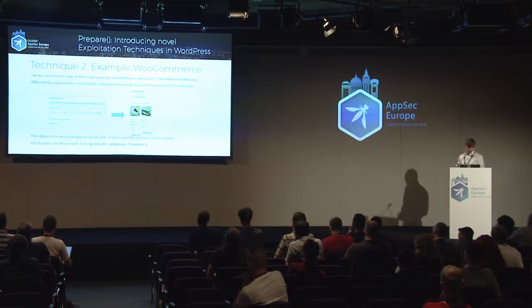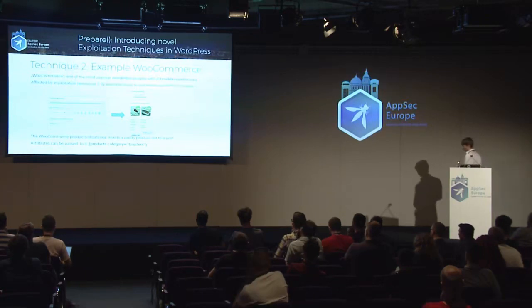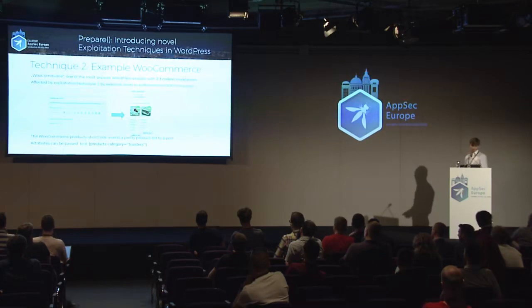And of course, it's just an example, which leads to authenticated remote code execution in this case. But it is applicable to a lot of plugins, not only WooCommerce. We will take a look at WooCommerce specifically, because it is a very nice example.